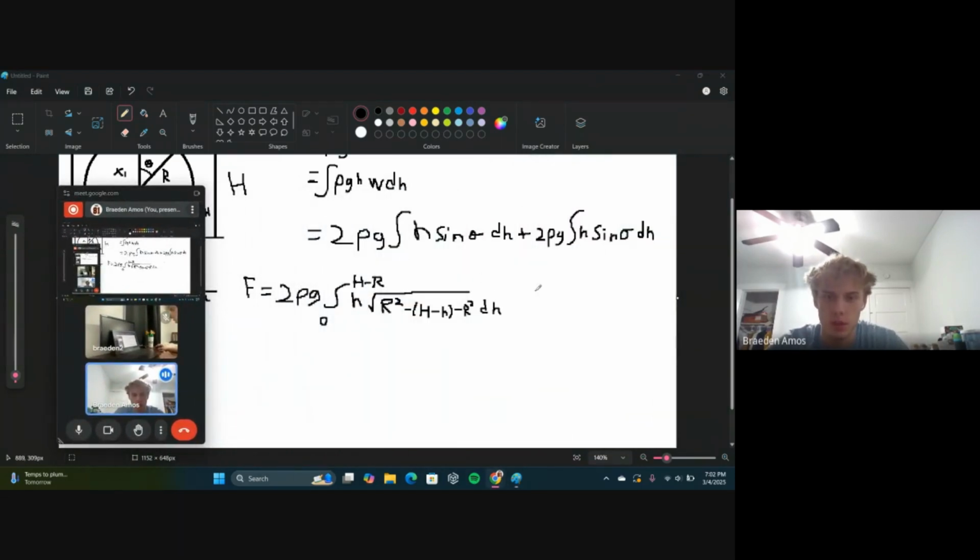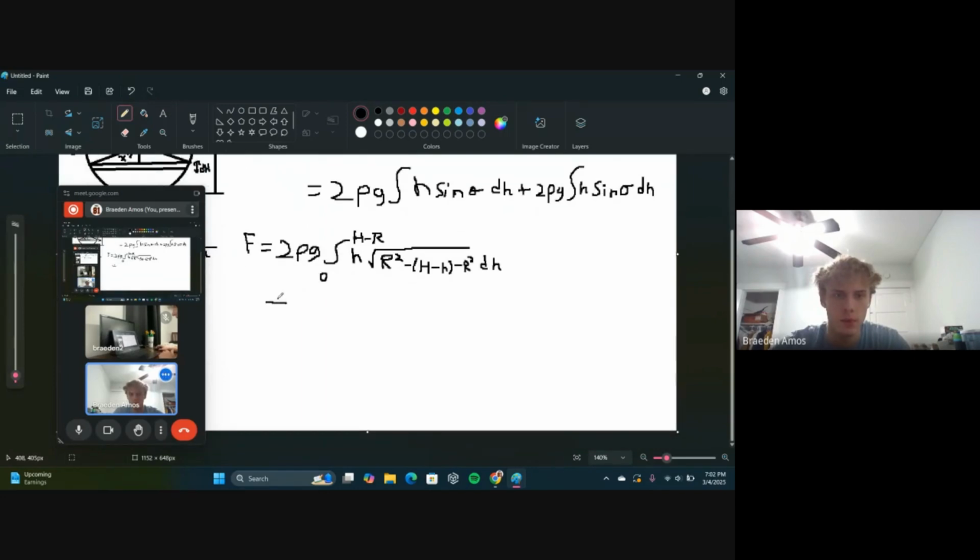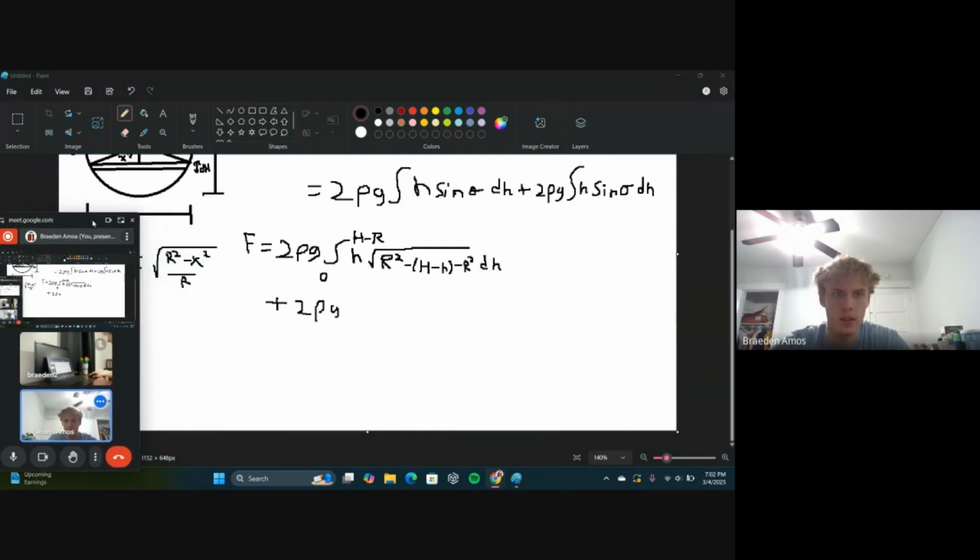Okay, and then we can do the other side. We're going to do it at the bottom, actually. Do it here. So plus 2 rho g. And so now this is from the bottom, so the limits are different, obviously.